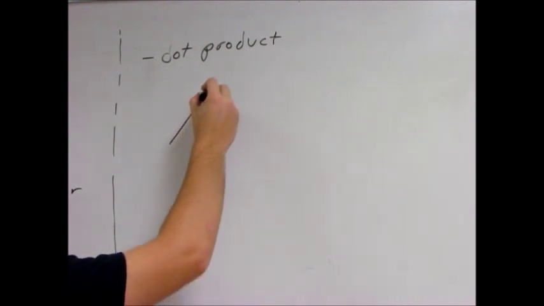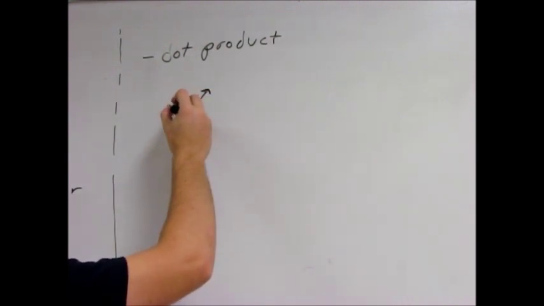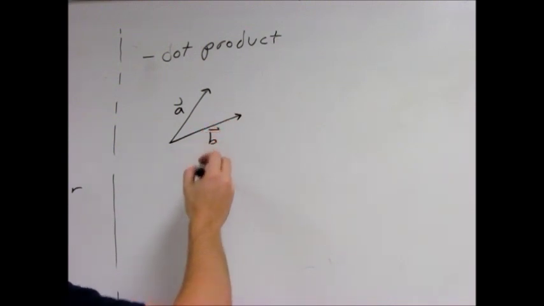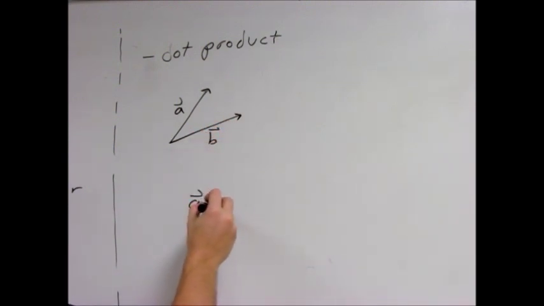And so if I have a vector A and a vector B, the dot product, you write it like this, A dot B, a little dot in between. So this result, there are a couple of ways of finding it.